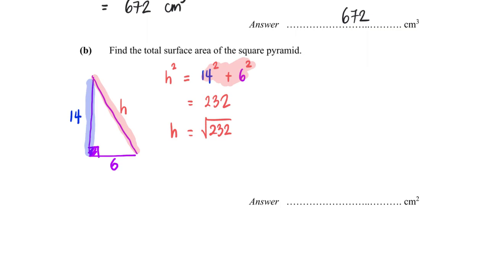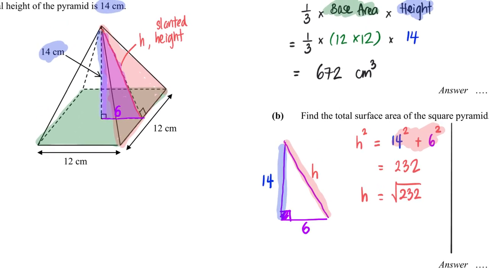And the next part here would then require us to find the surface area. Remember, this h is actually the height of the red color triangle, square root 232, and I also know the base 12, and there are 4 of them.